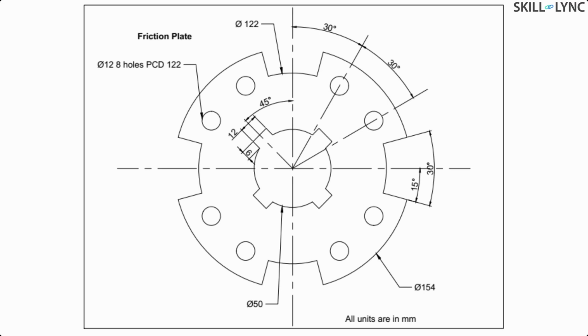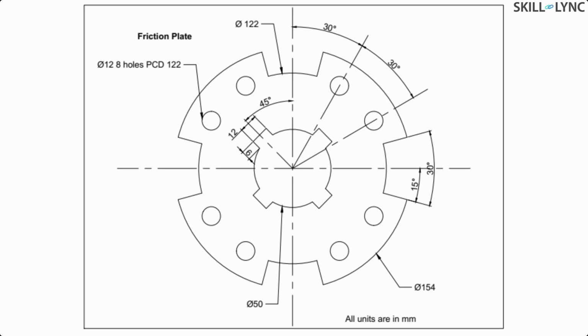Next, if you look at the outer area where you are riveting, where the holes are located. The holes are located at a pitch circle diameter of 122 mm, and the overall external dimension of the material is 154 mm. And again, the spring area where the spring is going to be seated, that clearance width is 30 degrees with respect to the center, and on either side of the center line it is distributed, so it is equally slotted with 15 degrees and 15 degrees there.